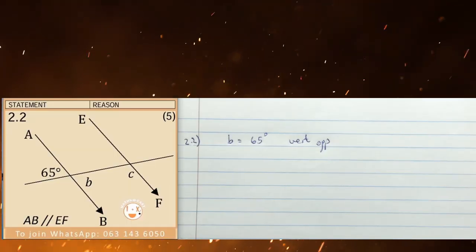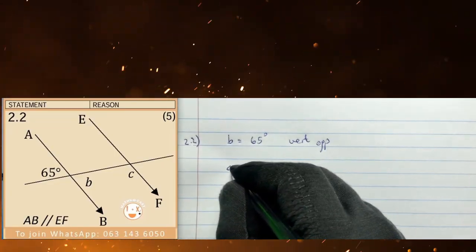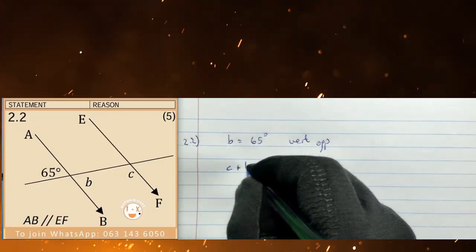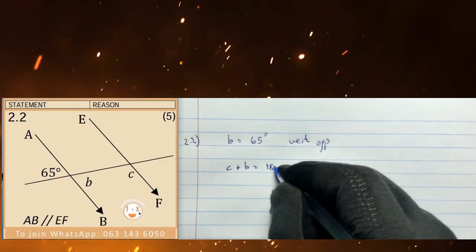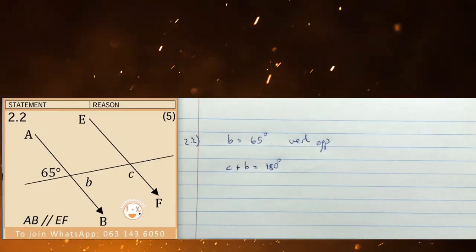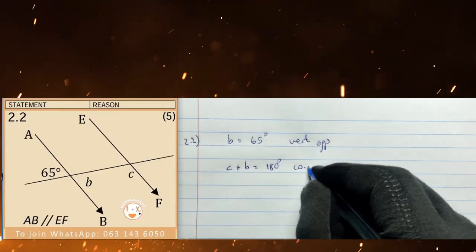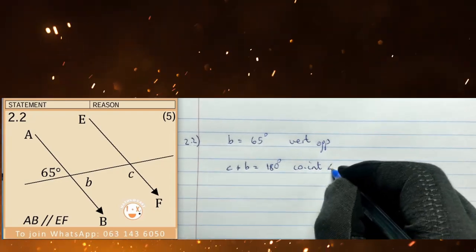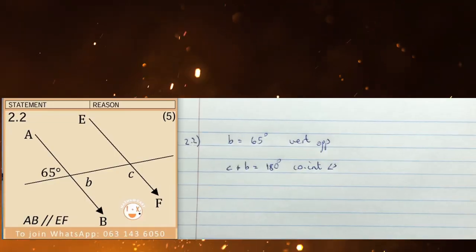C, you'll be able to say C plus B is equal to what? C plus B is equal to 180. What are we talking about? We are talking about co-interior angles. And why are they co-interior?